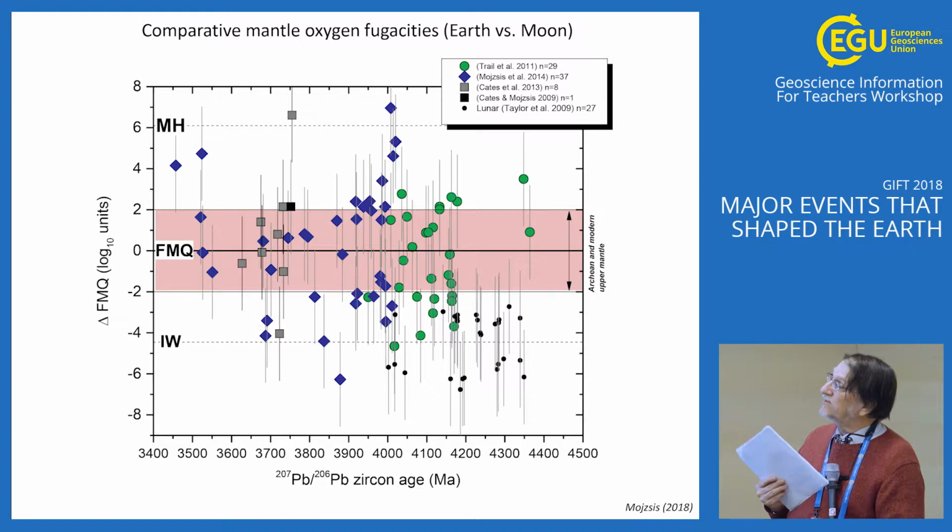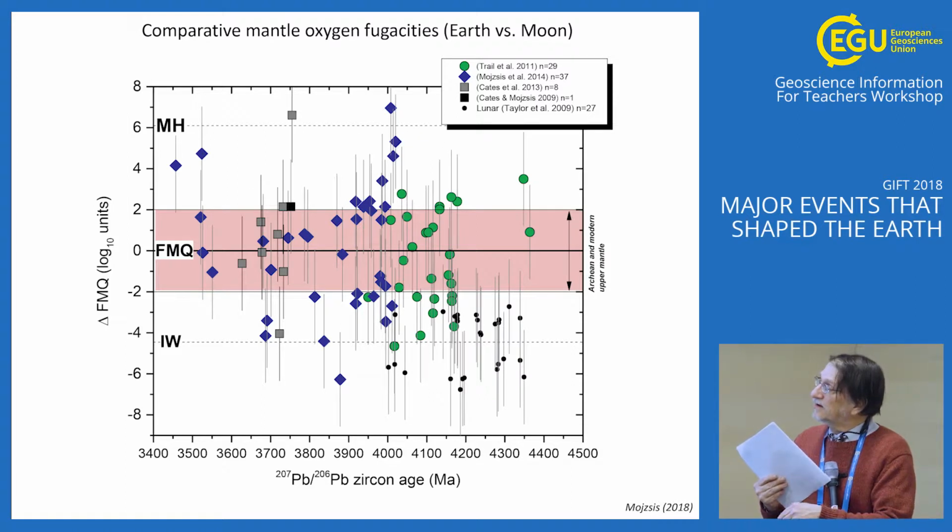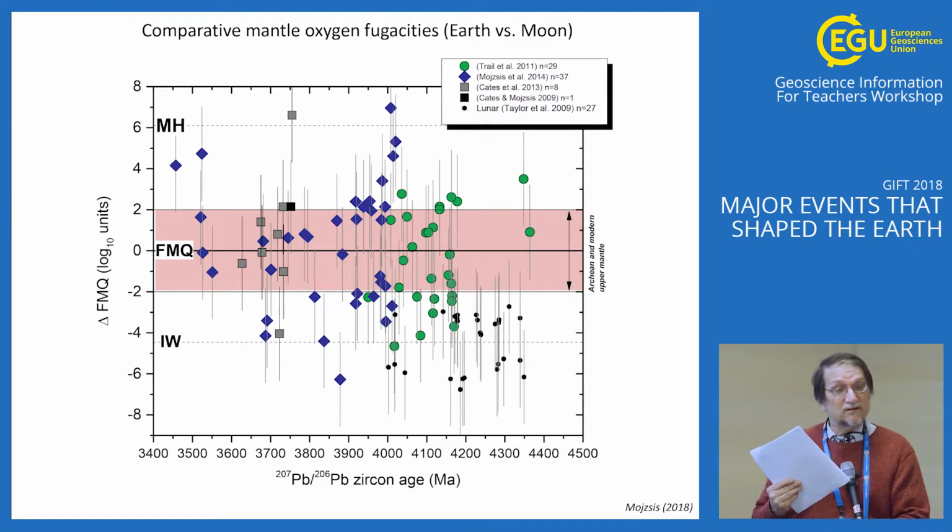Added to that, with the acquisition of lunar soils, you can go into the lunar soils and actually pull out zircons. And all those zircons fall far below that oxygen fugacity that determines the potential for the oxidation of the minerals or the organic materials. So the moon doesn't have that.